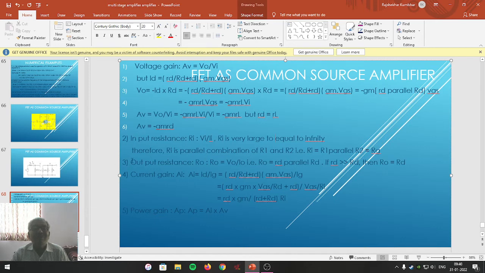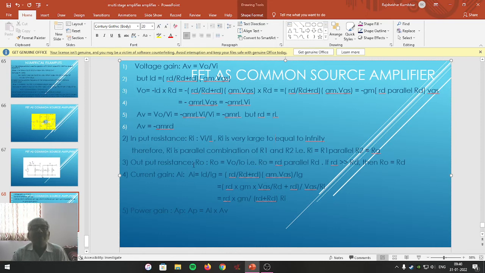Now the third parameter is its output resistance. Output resistance is the ratio of output voltage upon output current. That is RO equal to VO upon IO, where VO is the output voltage and IO is the output current.